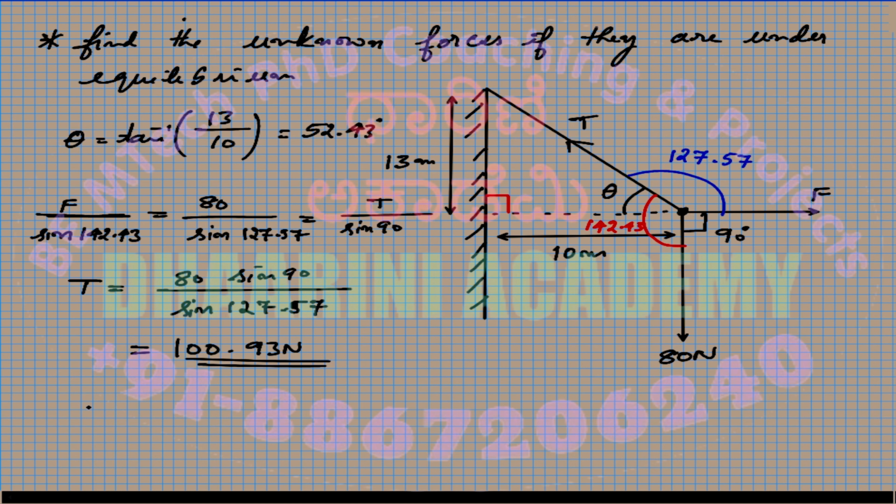Then F can also be similarly calculated. This is 18 into sine of 142.43 divided by sine of 127.57.